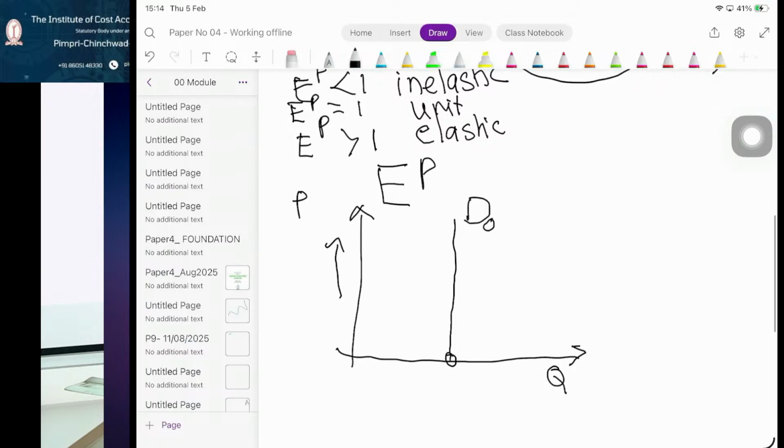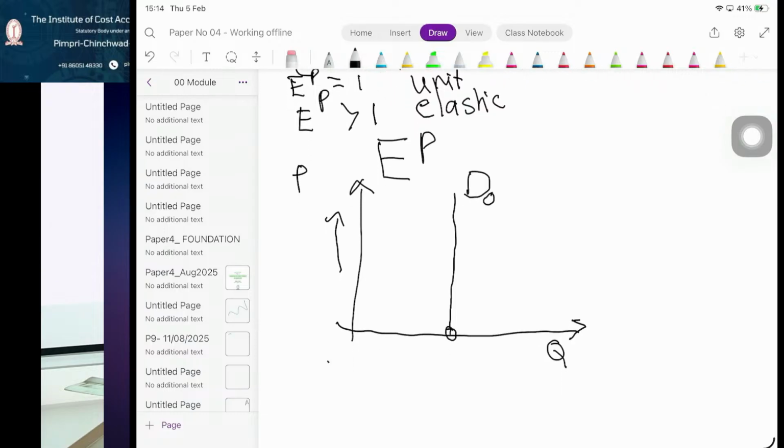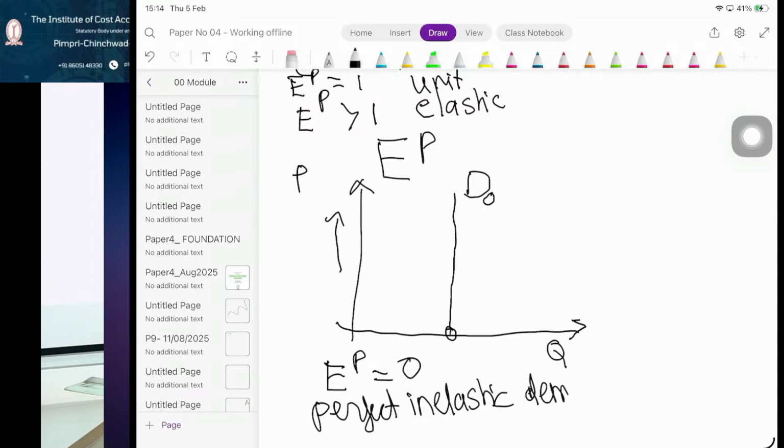Perfectly inelastic, yes, correct. The price elasticity is 0, and this is a perfectly inelastic demand. Have you got this in your mind? Whenever you think about an inelastic demand, you have to think about it like a vertical line.